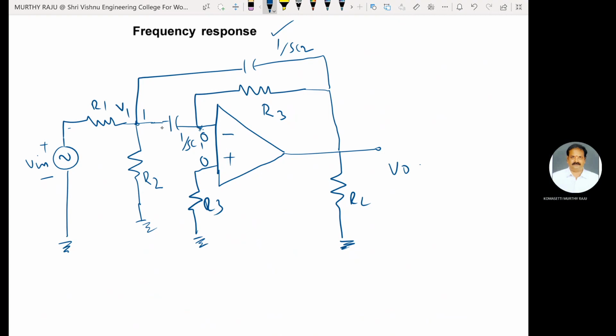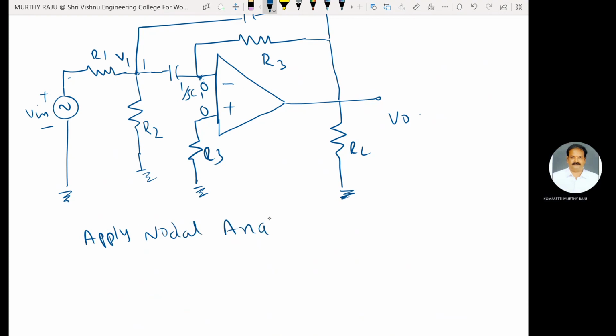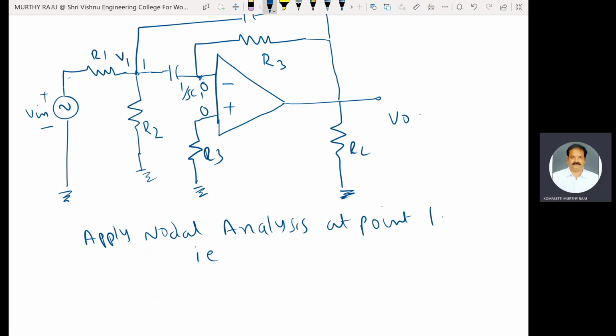Apply nodal analysis at point 1 or junction 1. The node voltage at 1 is V1.